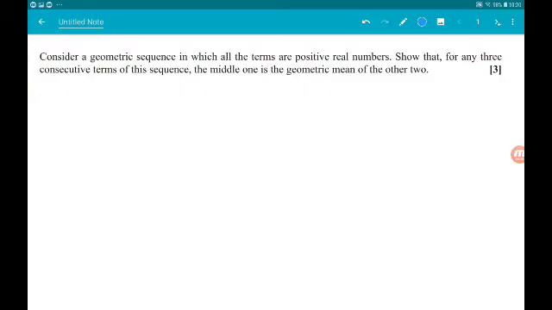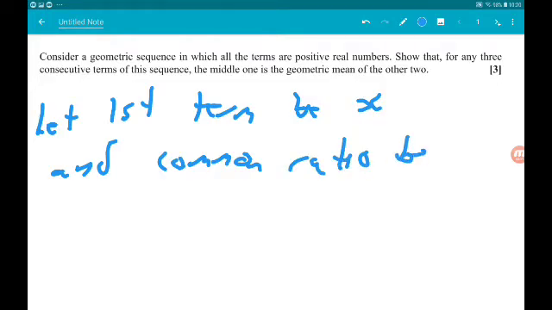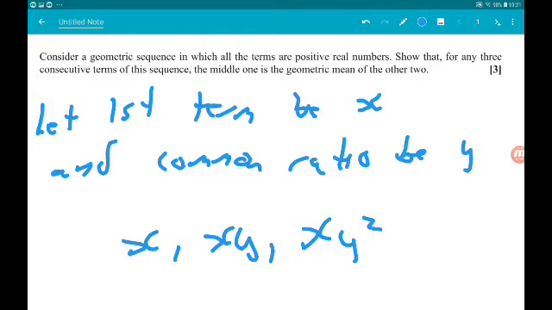Okay, so in my geometric sequence, I'm going to let the first term be x, and the common ratio be y, and then my three terms are x, xy, xy squared.